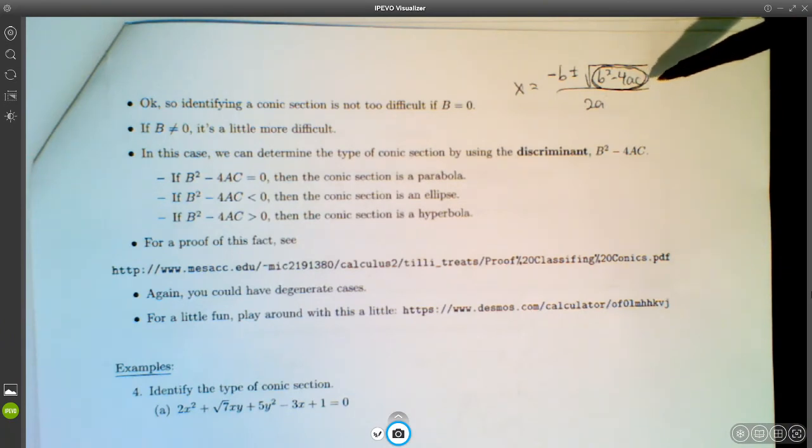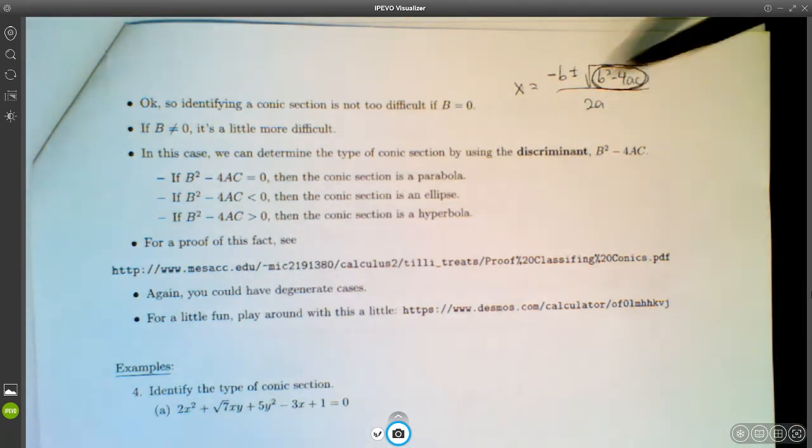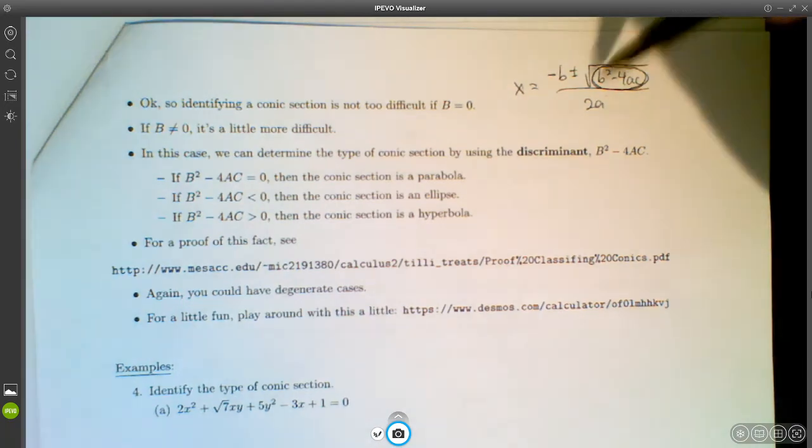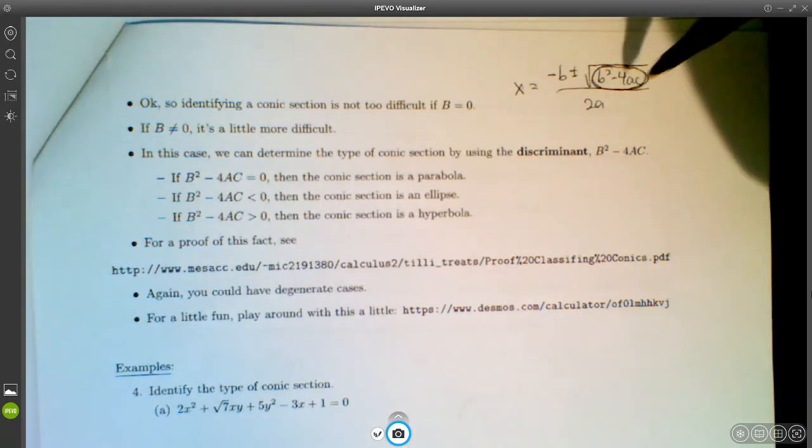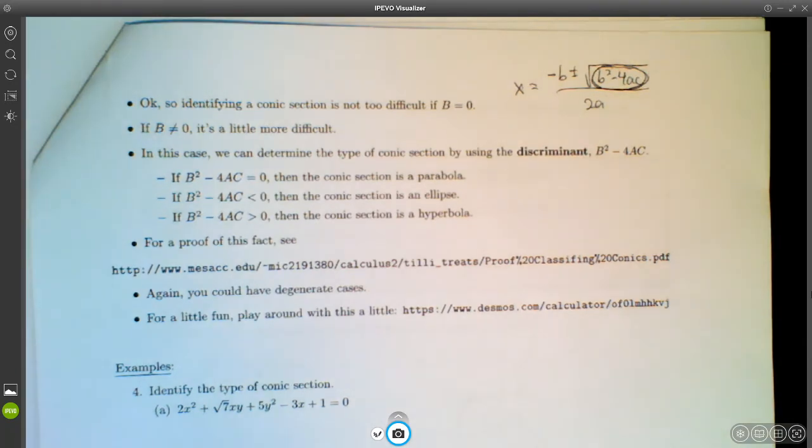So if b squared minus 4ac is positive, then you're going to have two real solutions. If b squared minus 4ac equals 0, then you're going to have one real solution. And if b squared minus 4ac is less than 0, then you have two non-real solutions. So that b squared minus 4ac is called the discriminant, and it's something that you may have come across in your previous algebra experiences.